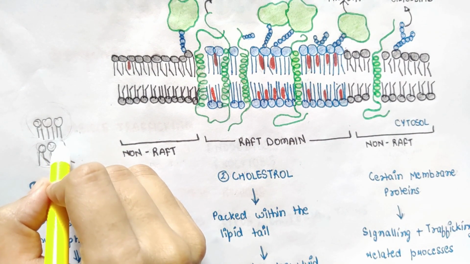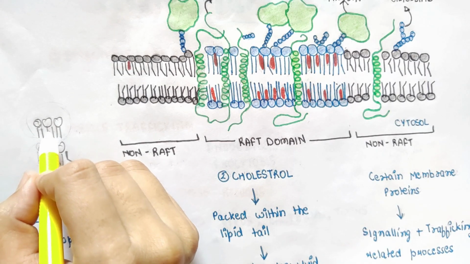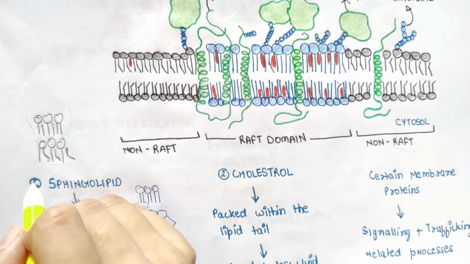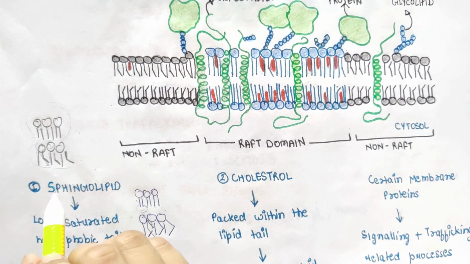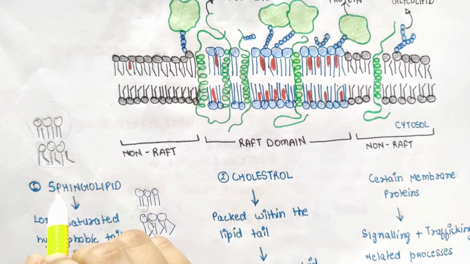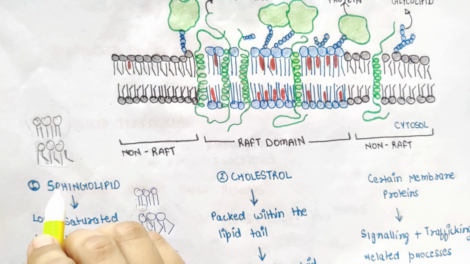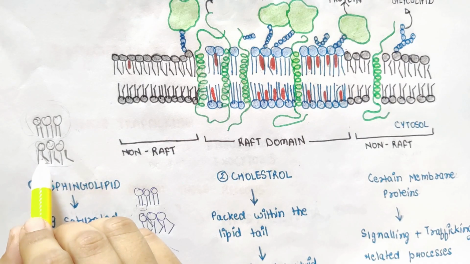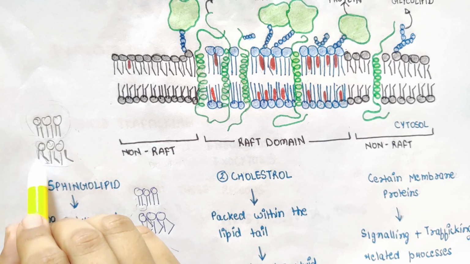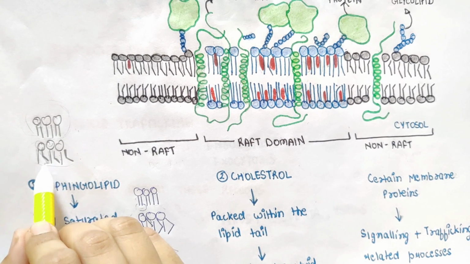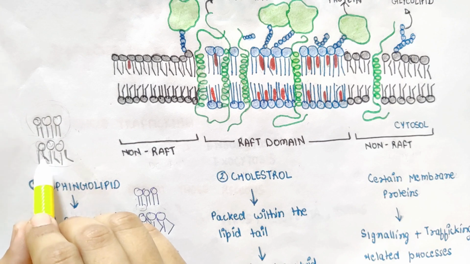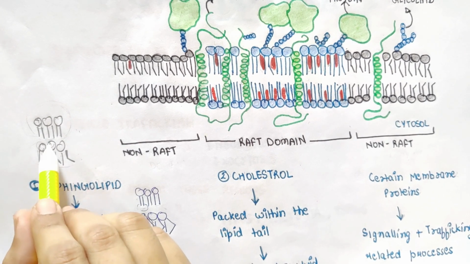If a lipid contains a saturated hydrophobic tail, then the structure of the lipid molecule is something like this, where we draw two straight fatty acid tails. But if a lipid contains an unsaturated hydrophobic tail, then due to the presence of a cis double bond in one fatty acid chain, the structure looks something like this, meaning there is a kink present in one fatty acid tail.